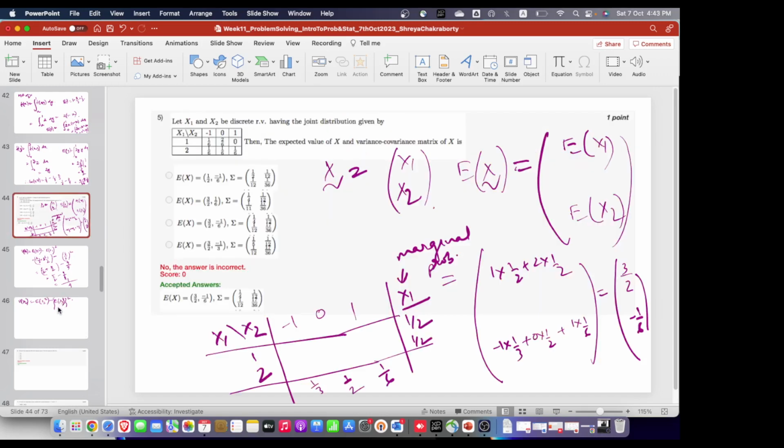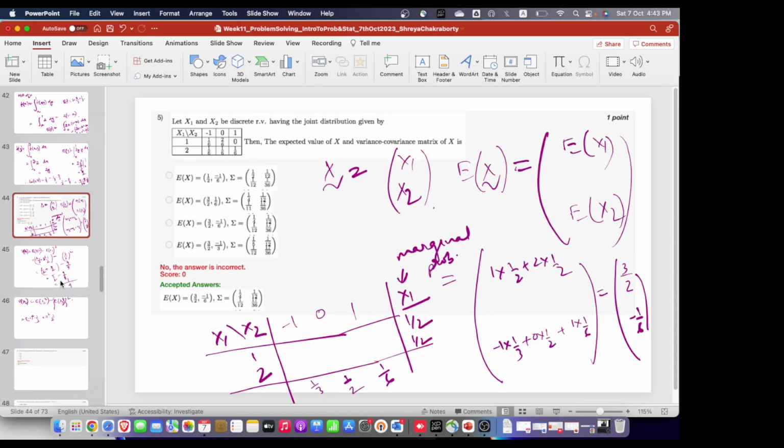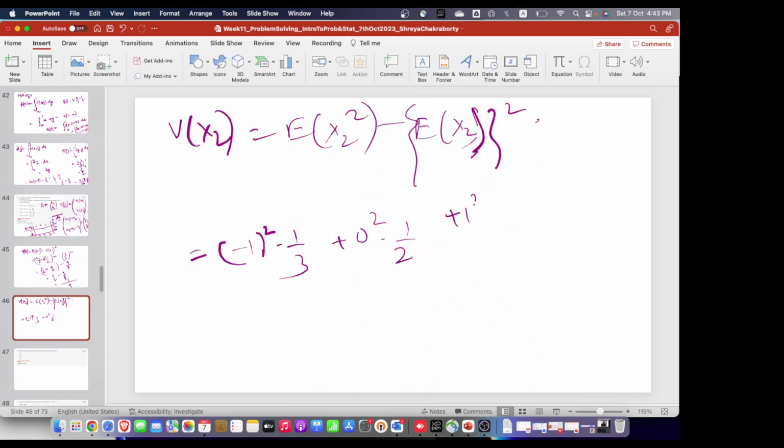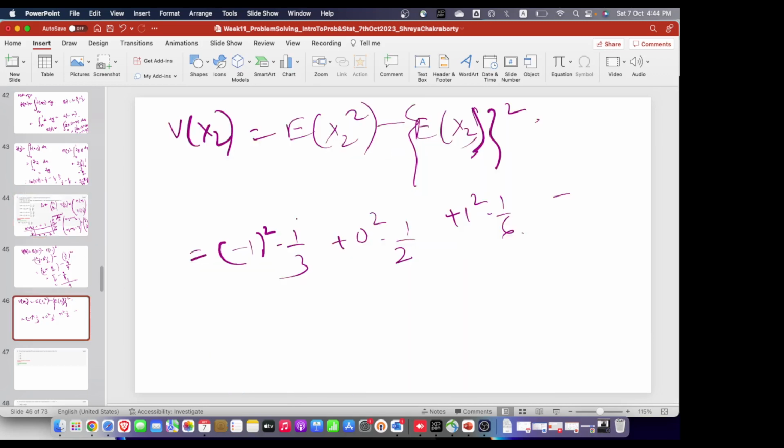Expectation of x2 square is -1 square into 1/3 plus 0 square into half plus 1 square into 1 by 6, minus expectation of x2 which was -1 by 6, whole square.